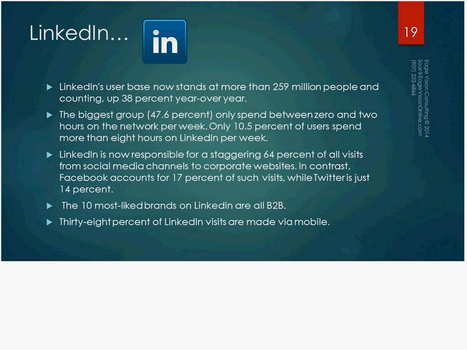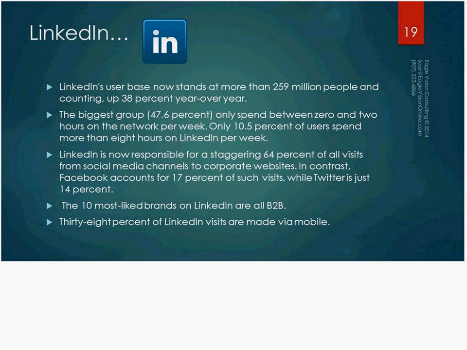LinkedIn is a little bit different. LinkedIn is kind of an anomaly, kind of a horse of a different color. On LinkedIn, the average person spends between 0 and 2 hours per week.